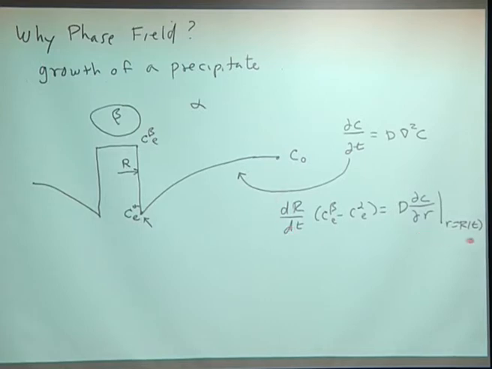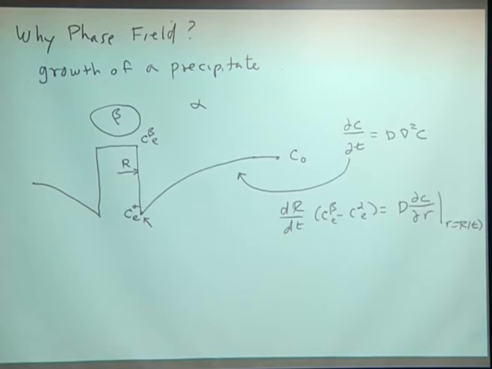But notice, the gradient in composition is set at some location as a function of time. And so you have this circular argument: you don't know where to apply this boundary condition because you don't know where the particle is, and you don't know where the particle is because you have to solve the diffusion equation, for which you need the boundary condition.